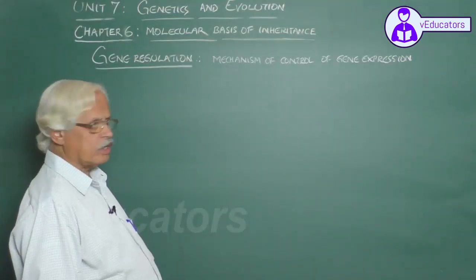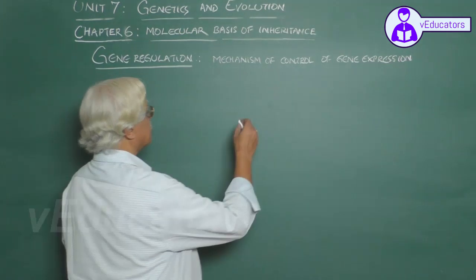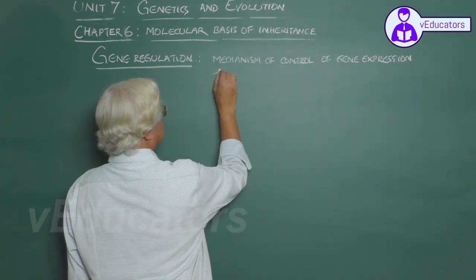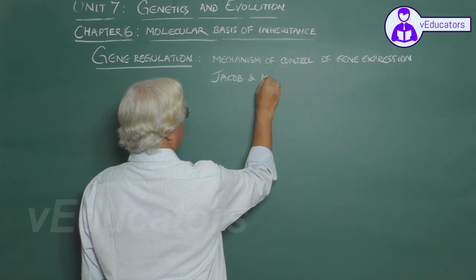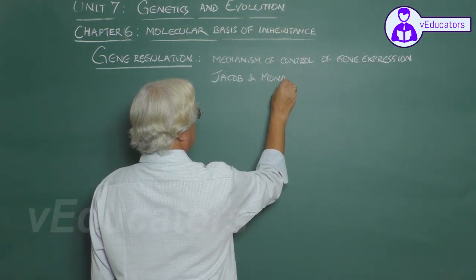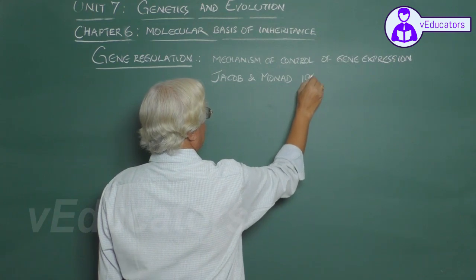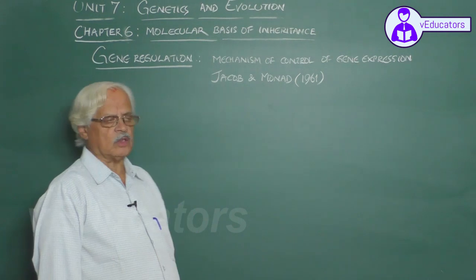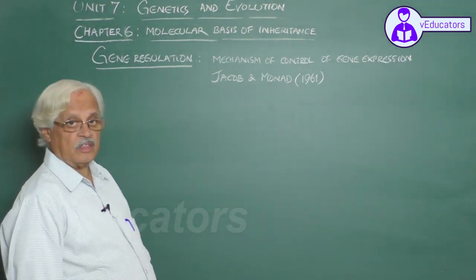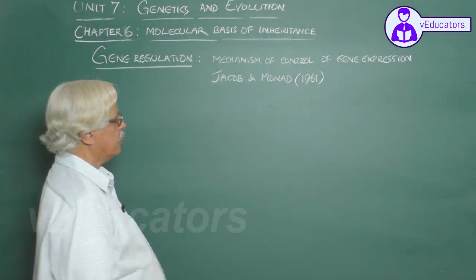This idea of gene regulation was first proposed by two scientists, Jacob and Monod, in the year 1961, based on the experiments that they conducted with the bacteria E. coli.